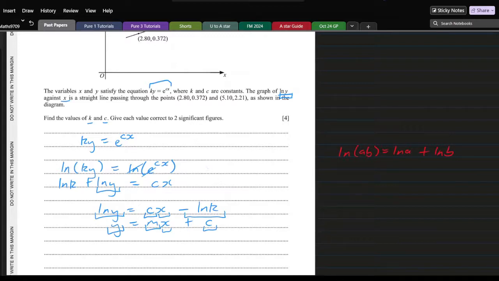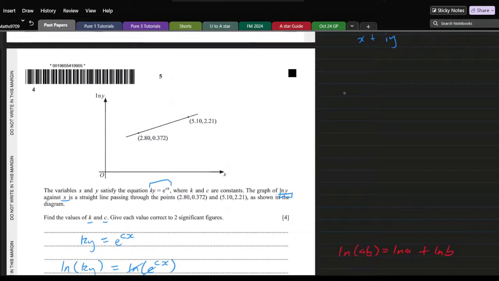So we can actually evaluate c by first finding our gradient. We know that to find the gradient of a line, we need 2 points, and in this case, we have been given those 2 points. So let's find the change in y. That will be 2.21 minus 0.372. And then let's also find the change in x. So that's 5.10 minus 2.80. Let's punch this into the calculator.